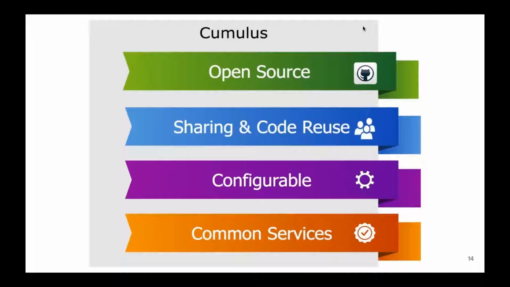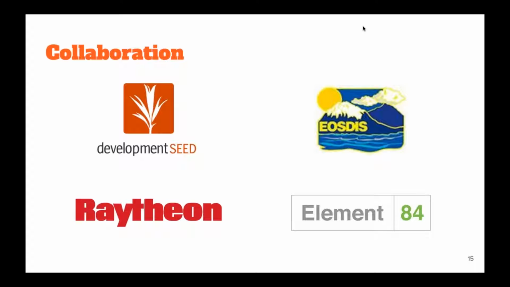So even within the NASA DAACs, the information they want to publish to CMR about their data is different, and so their tasks that can be plugged into a workflow are different. So Cumulus is really providing a foundation that you can build on, and then hopefully enable science to happen.